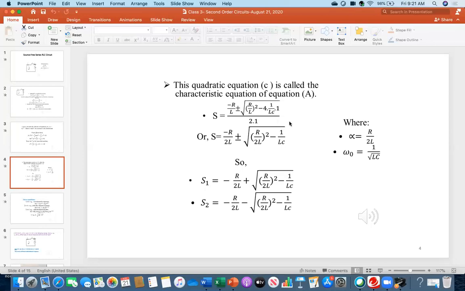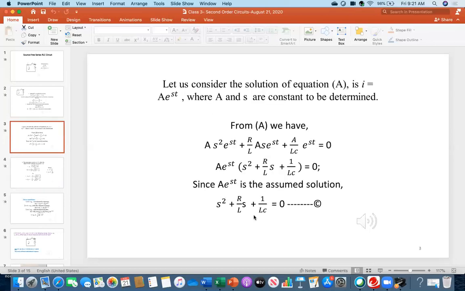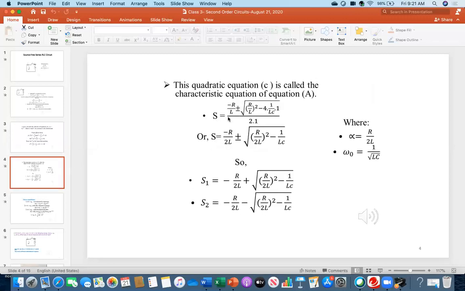Like last class, I was telling you that for the quadratic equation ax square plus bx plus c equals 0, x is, in the numerator, minus b plus minus root over b square minus 4ac, and divide by, in the denominator, 2a. Exactly, from that C equation I am applying that one and getting this expression. And this is the next line, I just reorganized. Finally, because there is a plus minus sign, accordingly I am getting two solutions, one is s1, other one is s2.